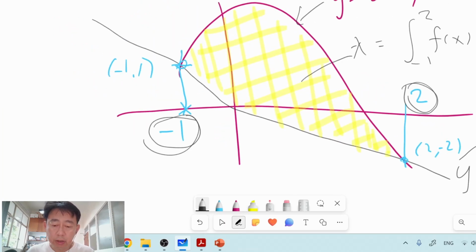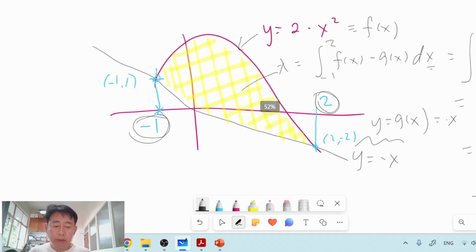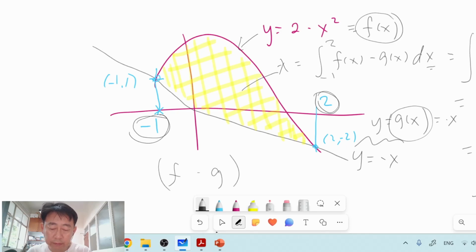The conclusion of this example is that you need to know which function is sitting at the top of the area and which function is sitting at the bottom of the area. Then you form the difference between the two functions and you integrate over x from the lower limit a to b, where a and b are the x coordinates where the area is bounded.